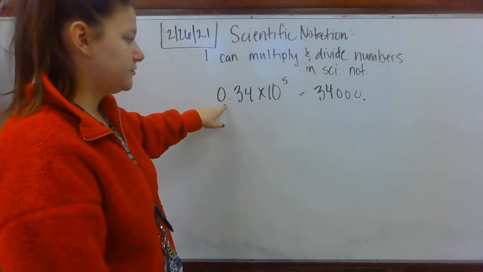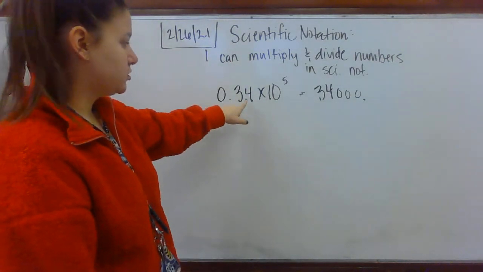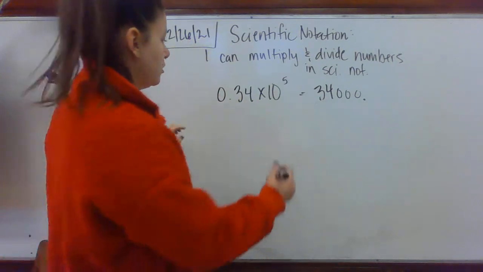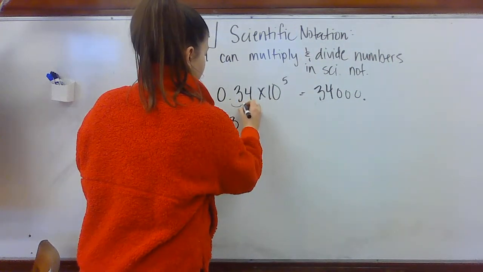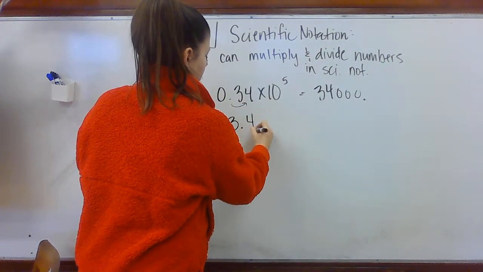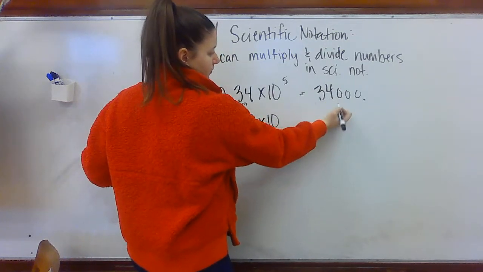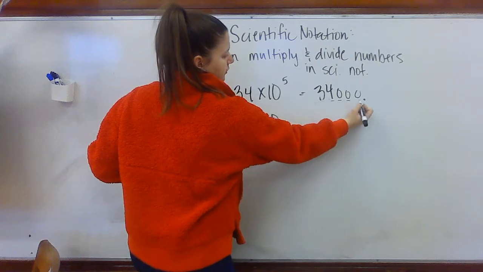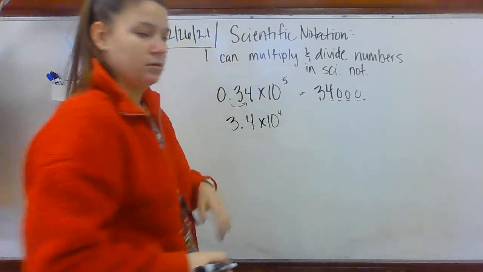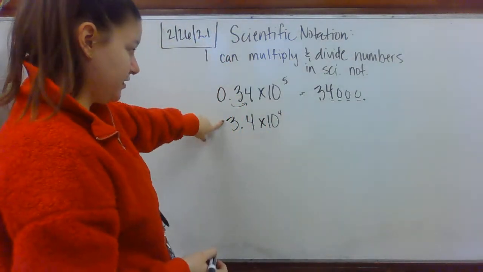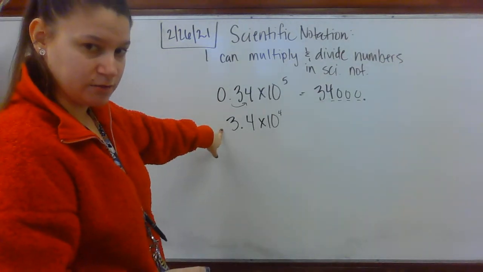But this isn't scientific notation. For it to be scientific notation, it's got to be between the 3 and the 4. So I'm going to move my decimal 1 place over to the right. From here, it's only going to take me 1, 2, 3, 4 places. So this is this number written in scientific notation.